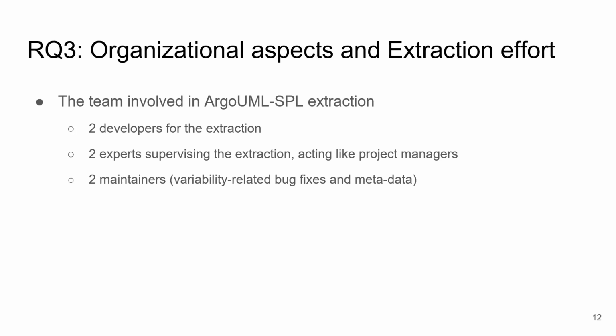The developers were supervised and advised by 2 experts on SPLs acting like product managers. And then, in the maintenance period, 2 people contributed variability-related bug fixes and variability metadata. Providing insights on the team can help to understand the effort and time that was used, which is our next topic.